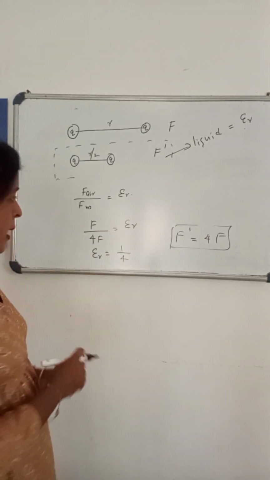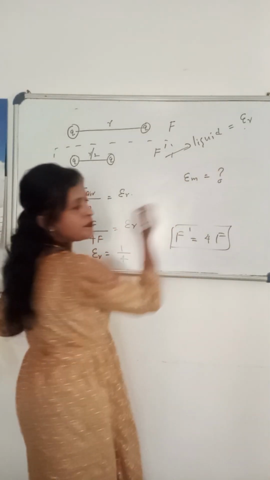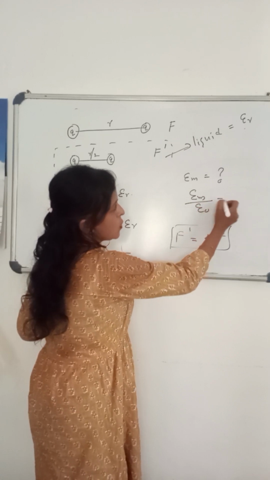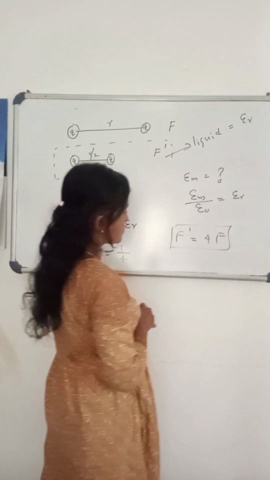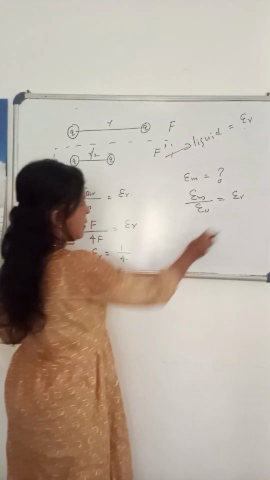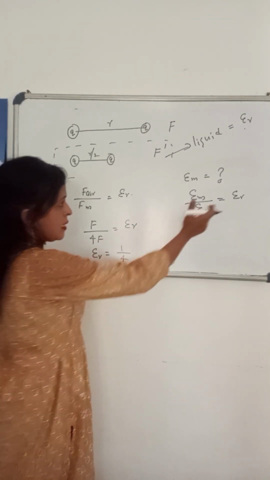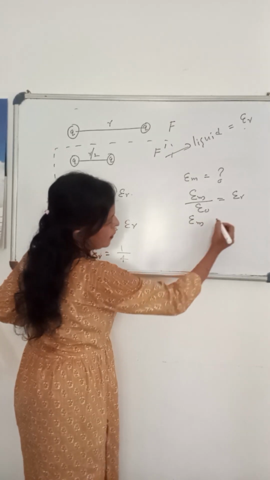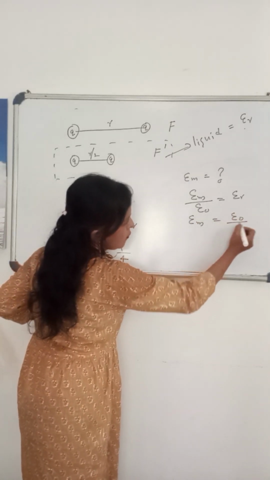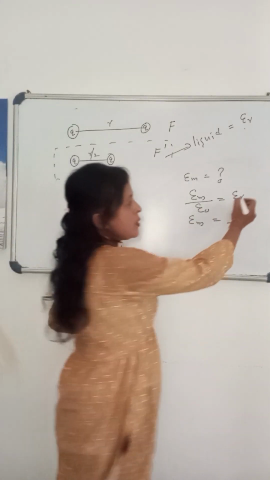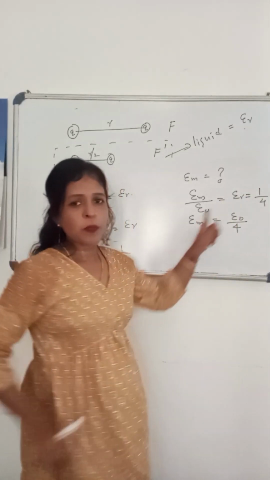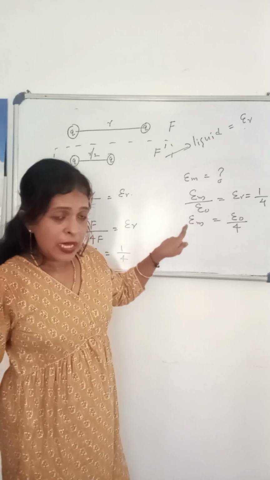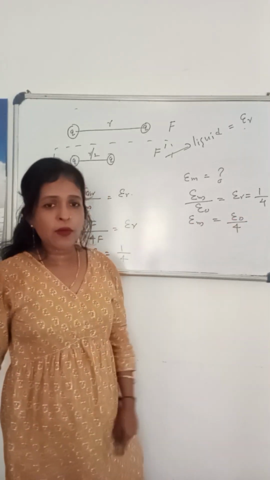And suppose they ask for the permittivity of the medium. How can we find it out? We know that epsilon m divided by epsilon 0 is equal to epsilon r. Epsilon r is 1 by 4. Then epsilon m is equal to epsilon 0 divided by 4.